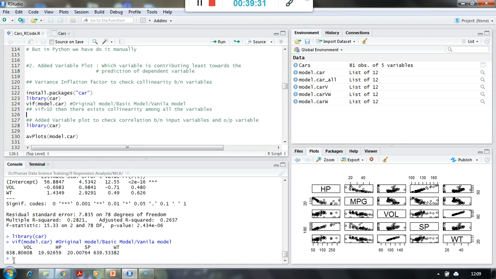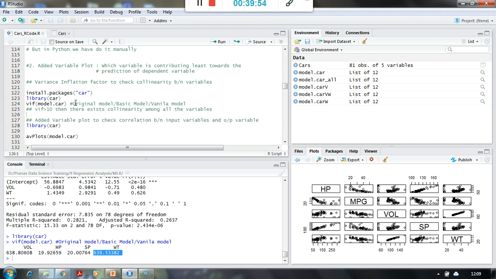This is one more way of looking at who is the culprit. Now among these 4 values, you see weight is having the highest value, which means weight is the one variable which is giving me the problem in the model writing or model predictions, or it is going to increase my errors.